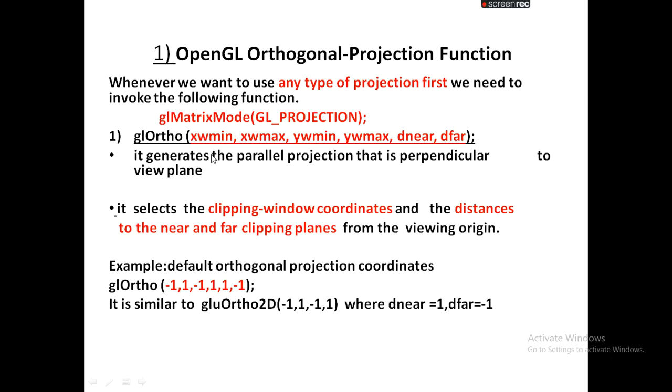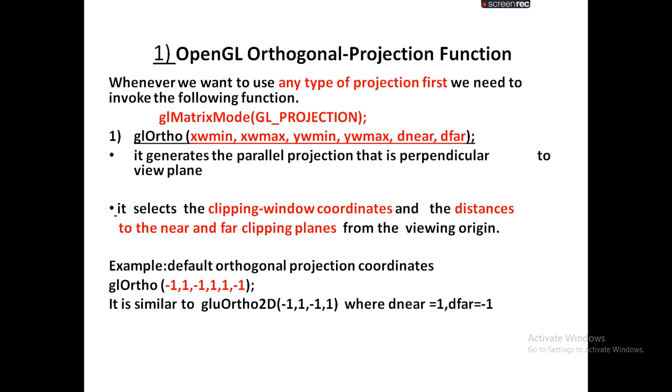Next, if you want to use parallel projections, especially orthogonal projections, to display a three-dimensional object on a two-dimensional screen in our OpenGL program, we use one inbuilt function called glOrtho.